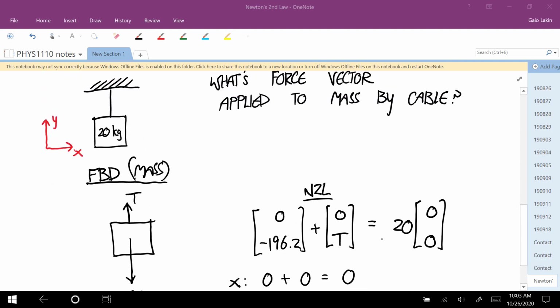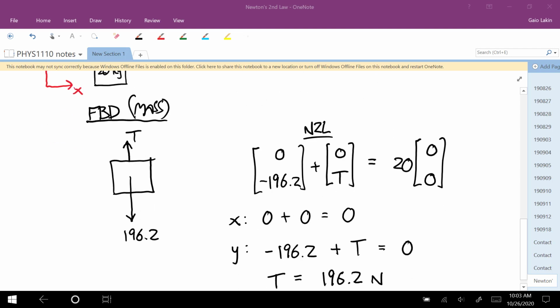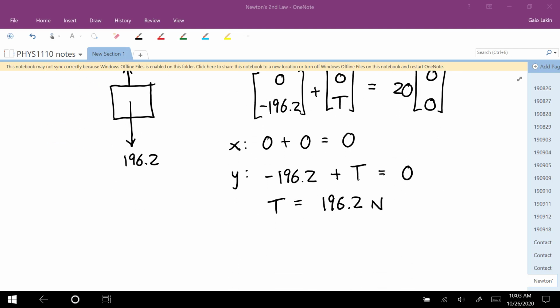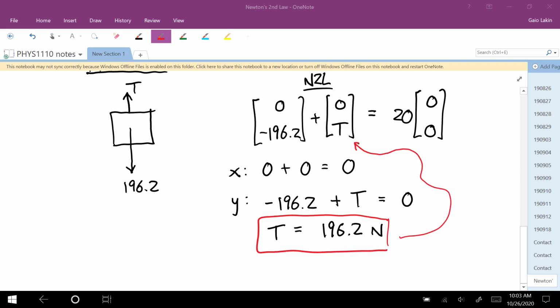Well, I didn't ask for the tension in the cable. I asked specifically for a force vector that's applied to the mass by the cable. So there are two ways you can do that. You can give it as the components of that force vector, which you would get from plugging this value for T back into your expression for the force vector applied by the cable.